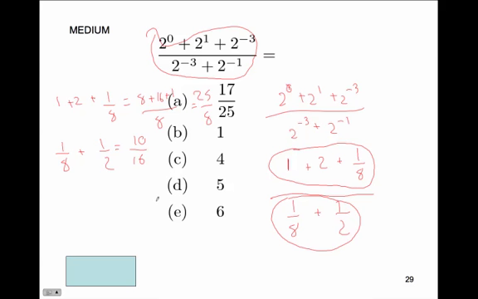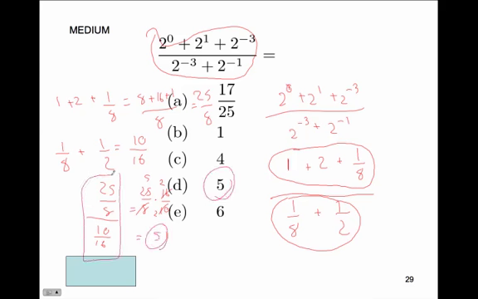Then you divide 25 over 8 by 10 over 16, and you have 25 over 8 times 16 over 10. The 8 cancels into the 16 and becomes 2, and the 5s cancel with the 25 and the 10. So this is just fraction division. You can do this just to practice.